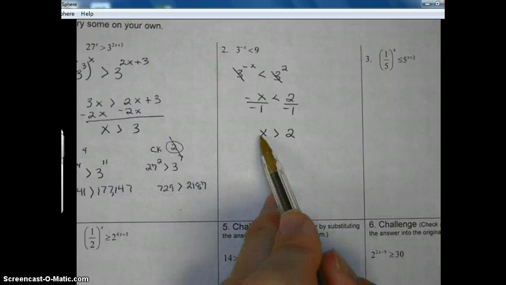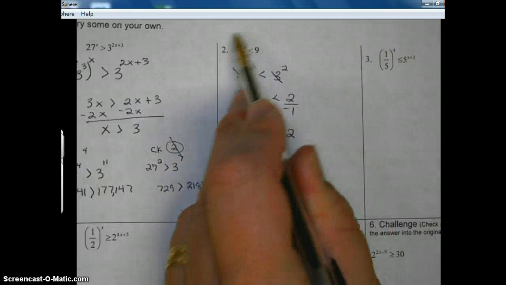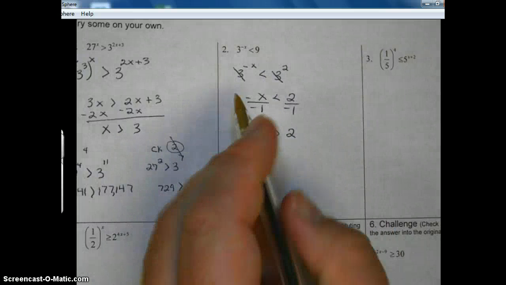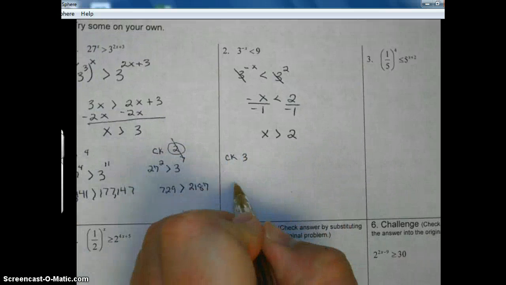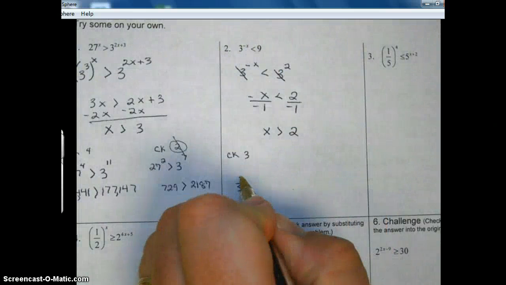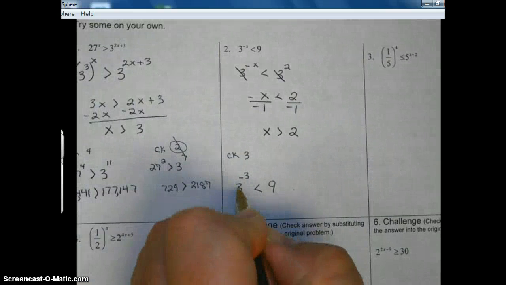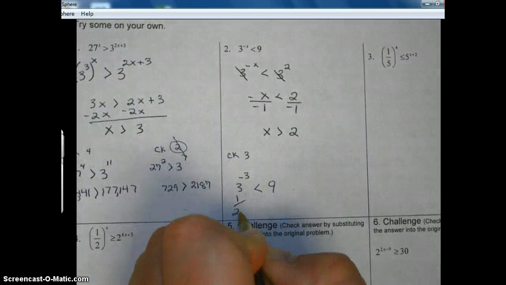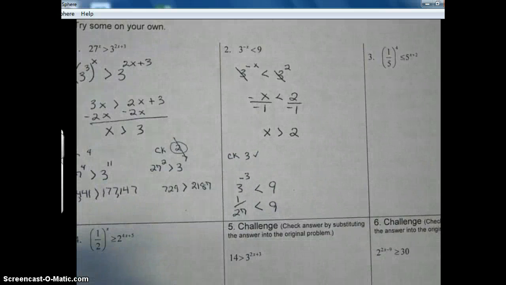So all values greater than 2 should work in this inequality. So let's check 3. So we would have 3 to the, plugging the 3 in, we get negative 3. That should be less than 9. And that 3 to the negative 3 would be 1/27th is less than 9. And that's true. That checks out.